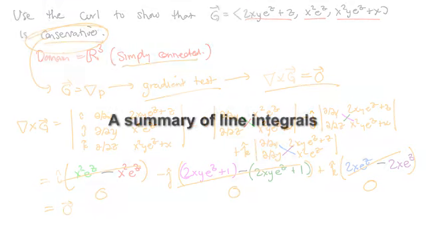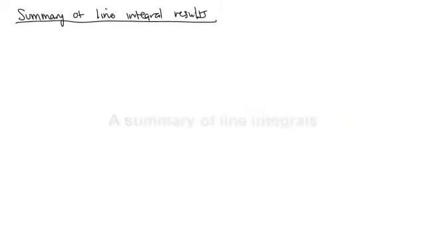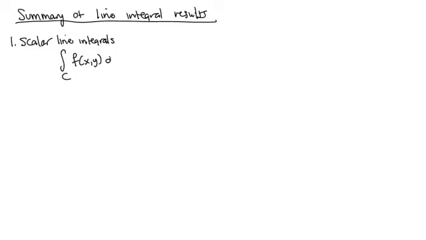At this point, it might be helpful to summarize some of our basic line integral results. For scalar line integrals, integrals where we have a function of several variables, and we integrate over a curve with respect to ds, we have pretty much one and only one formula.